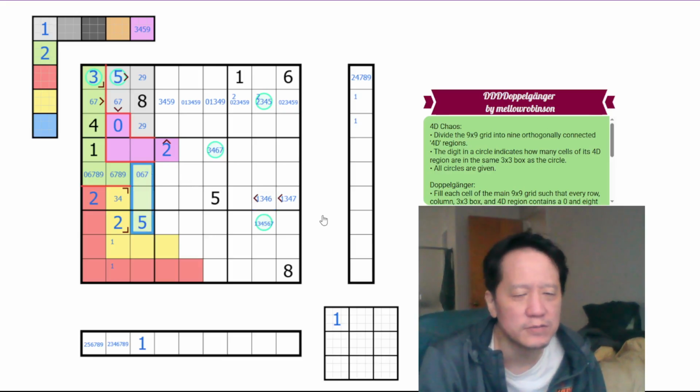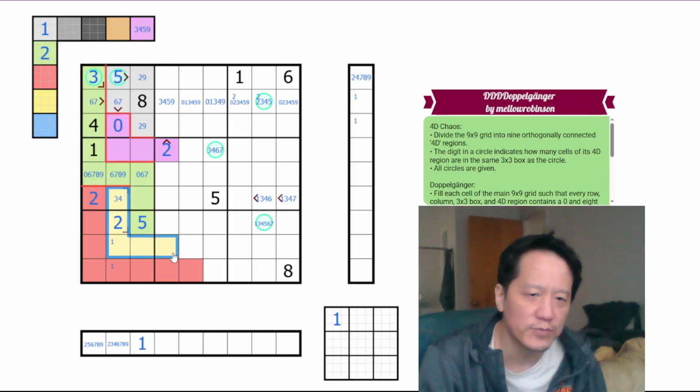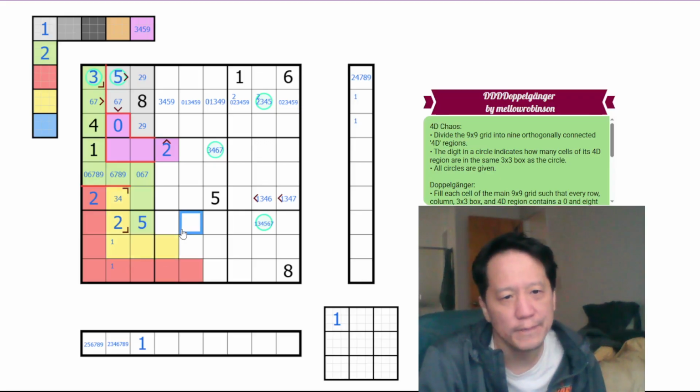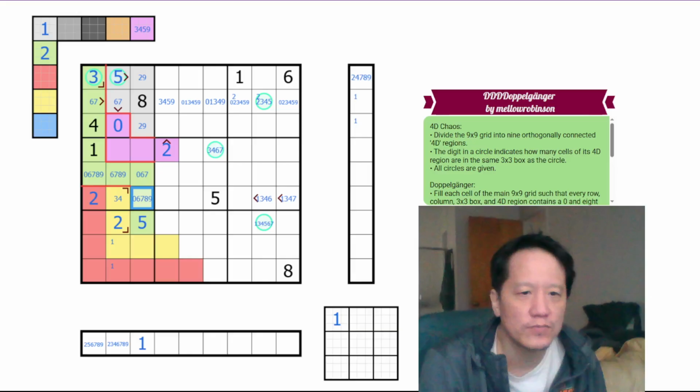This would be done as a region. So whatever digit's here would be the one that's missing from yellow. Okay. This couldn't be 0. This would be 0, 6, 7, 8, 9. We don't know which.